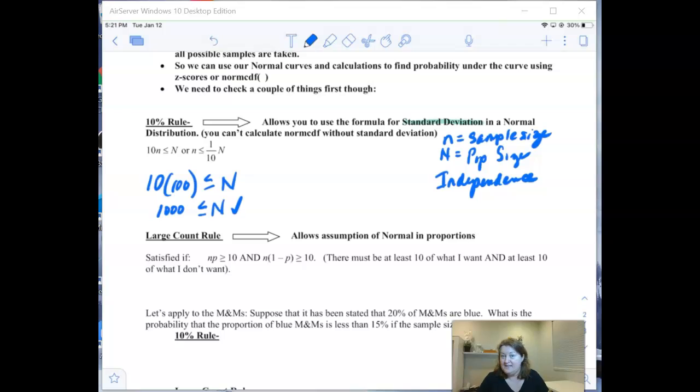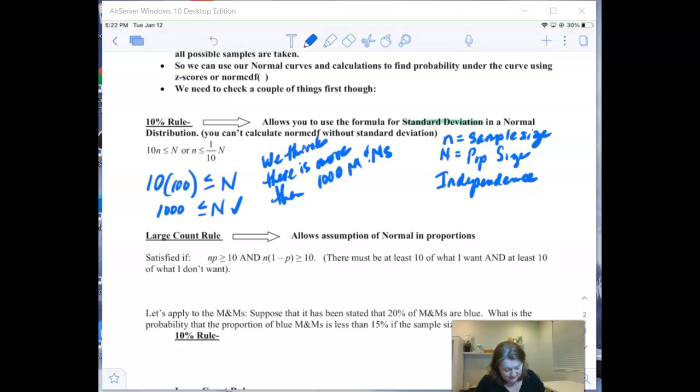Yes, so it passes this check, so I'm allowed to use the standard deviation formula. Okay, so often you won't know what big N is, but you do know what little n is, and you're just basically going to say that my calculation does appear to be less than the entire population. So we think there is more than 1,000 M&Ms.